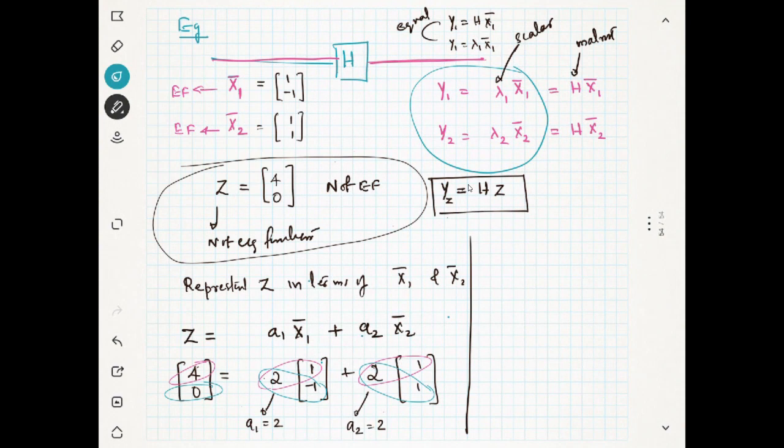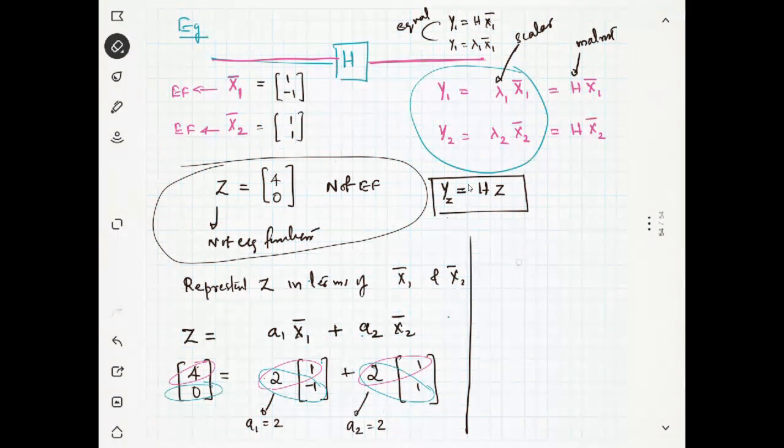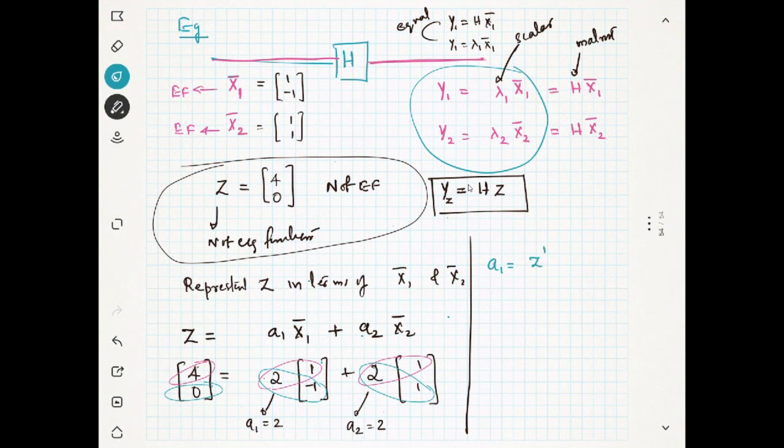There are some methods for finding this. I will give you later anyway. You can verify how we can find this. To find a1, you take your z, transpose the z and multiply with x1 bar.